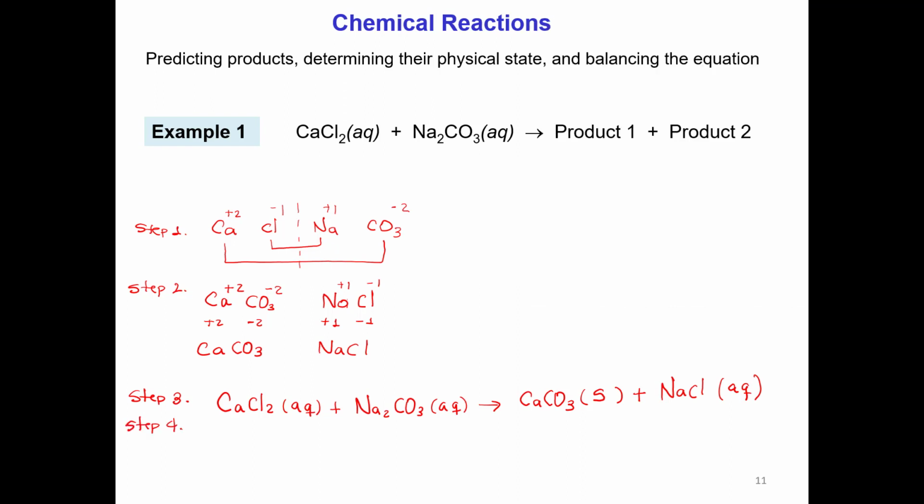In step number 4, we need to get the same number of atoms on each side of the equation. Let's write the list of all the atoms we have in the reaction: calcium, chlorine, sodium, carbon, and oxygen. Let's make the list for the reactants and for the products.